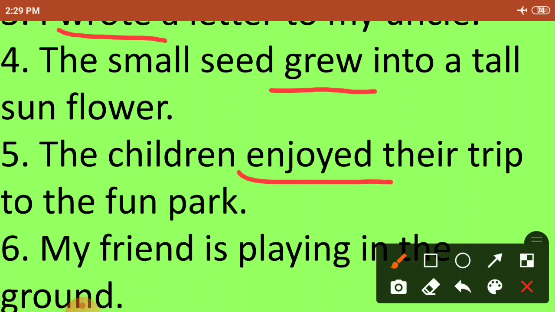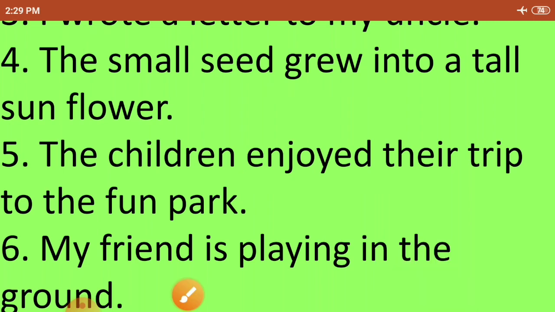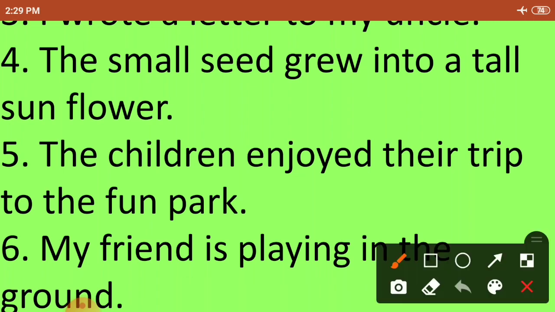Next, my friend is playing in the ground. And the action word, the verb in the sentence, is playing.